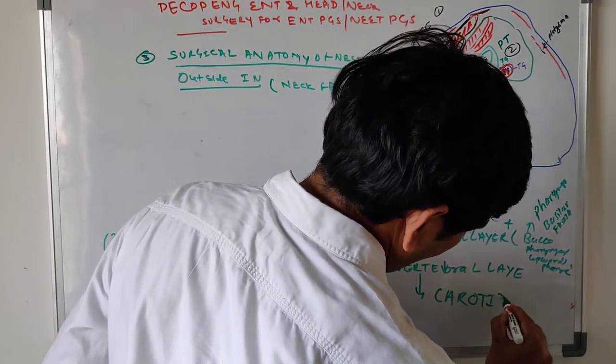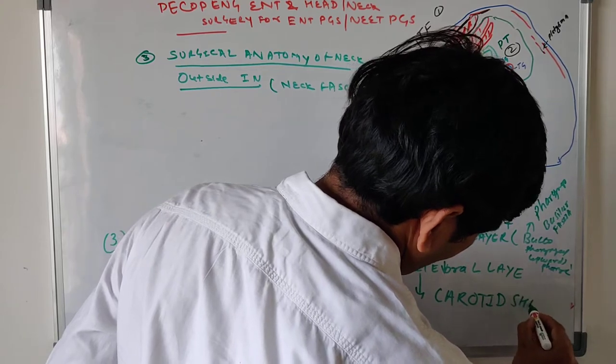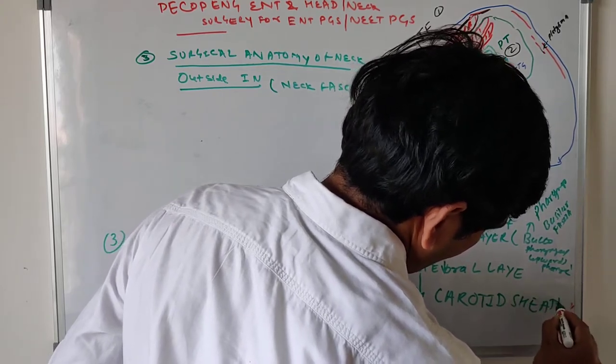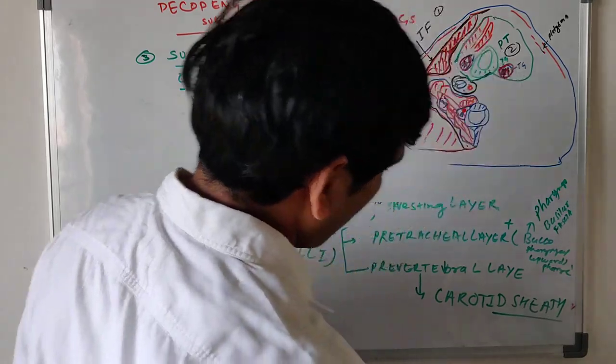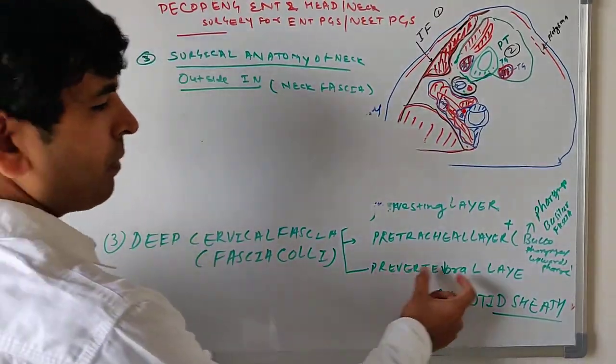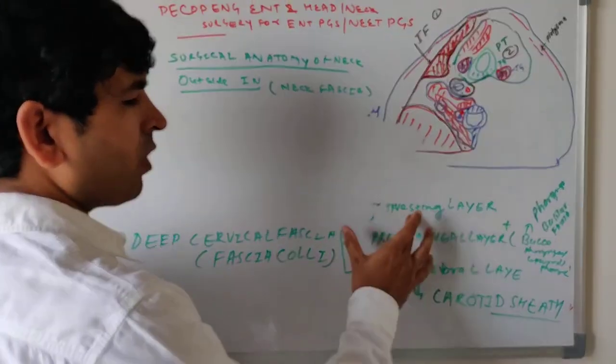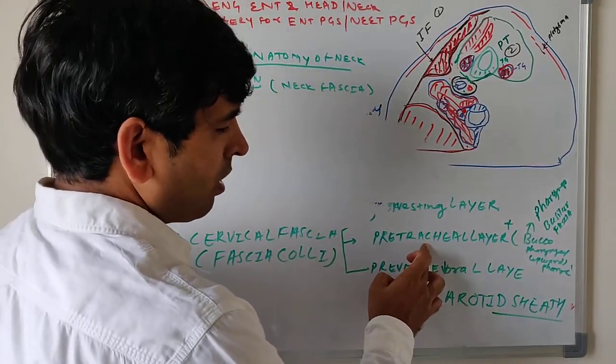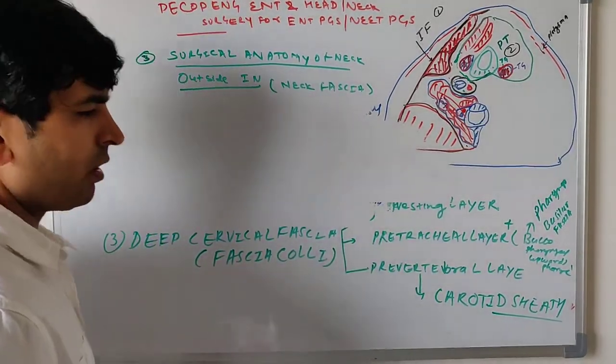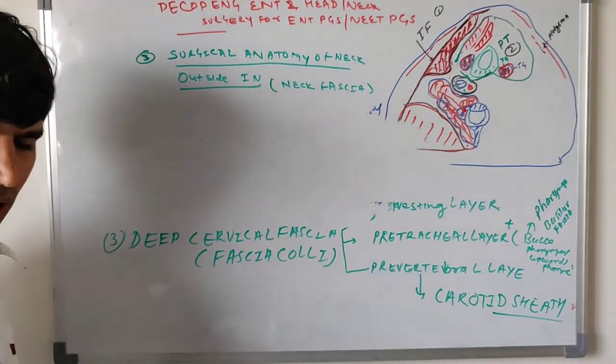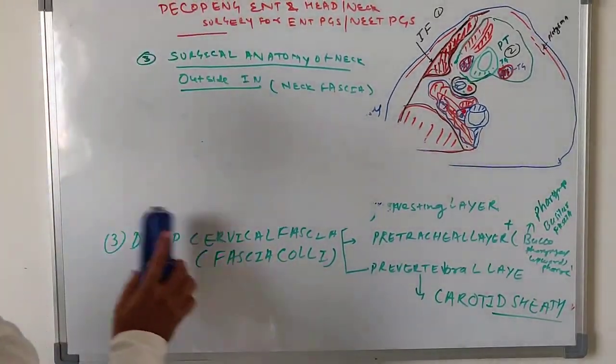The carotid sheath is formed mainly by the prevertebral layer, and the anterolateral and medial parts are also formed by the pretracheal layer. This is about the deep cervical fascia. Now we will talk about the deep cervical fascia in detail.